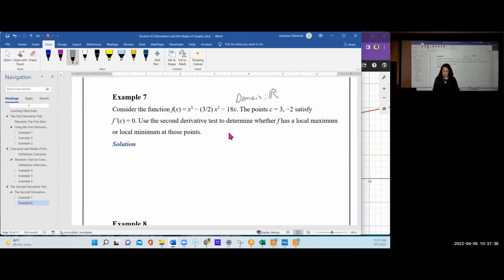There are no critical values that come from type 2. Remember that the first derivative on this one, if we want to do it real fast, would be 3x squared, minus the 2 would cancel the 2 in the denominator. So I'd get minus 3x minus 18. So there are no type 2 critical values.